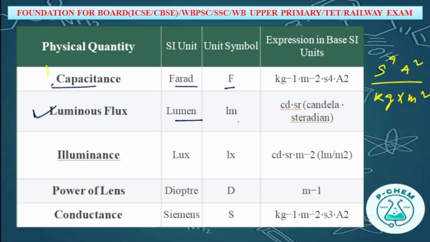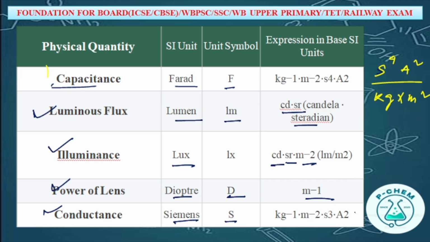Luminous flux, lumen, lm, candela and steradian. Illuminance or lux, candela steradian by meter square. Power of lens, diopter, denoted by D or meter inverse. Conductance, Siemens, S symbol, and second cube ampere square by kg meter square.